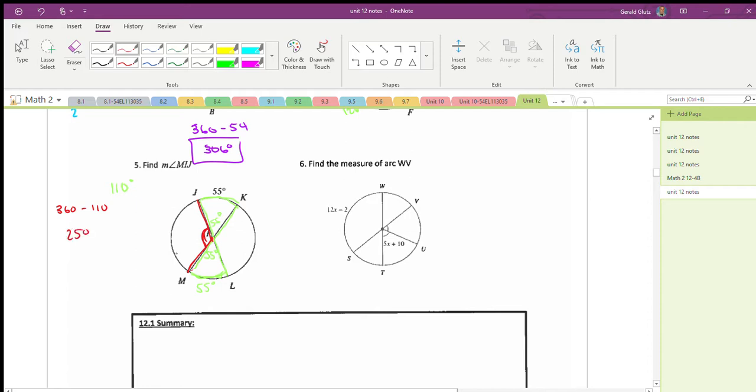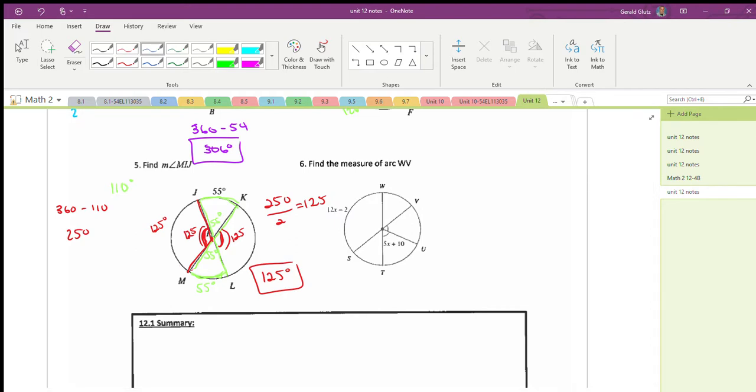So this arc and this arc have to add up to 250, but since these are vertical angles, these have to both be the same. So I can do 250 divided by 2, which is 125. So this angle is 125 and then 125. And this is the angle we were trying to find, so that's going to equal 125 degrees.